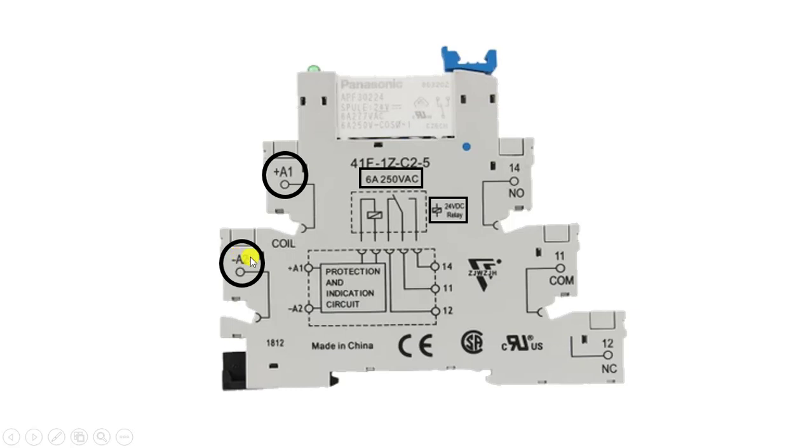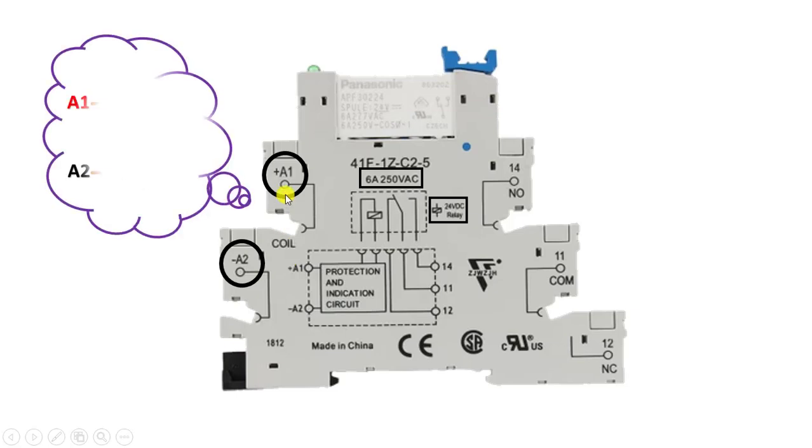The connection legs of our relay are named A1 and A2. We can see the A1 and A2 pins on it. These A1 and A2 are our relay coil pins. We can symbolize the coil as follows: a conductive wire wrapped around an iron core.